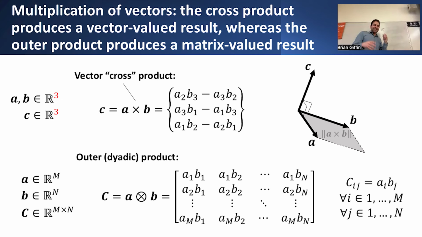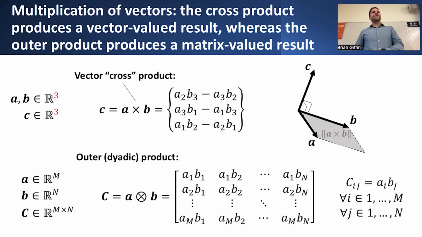There are some geometric interpretations to be had with the cross product in three dimensions. That's the intuition behind it: it takes two vectors, gives me a new vector that's perpendicular to the original two, and which is proportional to the area of the parallelogram between those two original vectors.